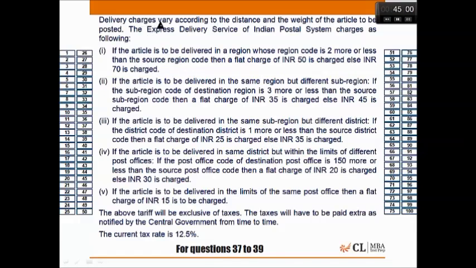Delivery charges vary according to the distance and the weight of the article to be posted. The express delivery service of the Indian postal system charges as follows. If the article is to be delivered in a region whose code is 2 more or less than the source code, the difference is 2, then 50 is charged, else 70 is charged.